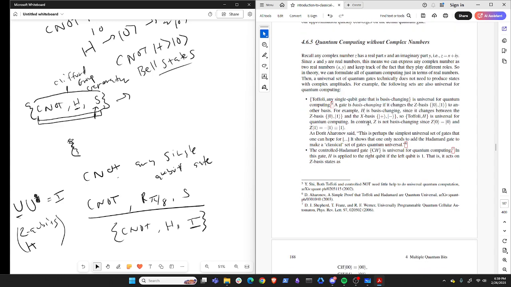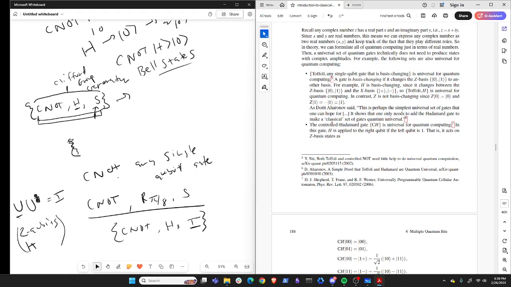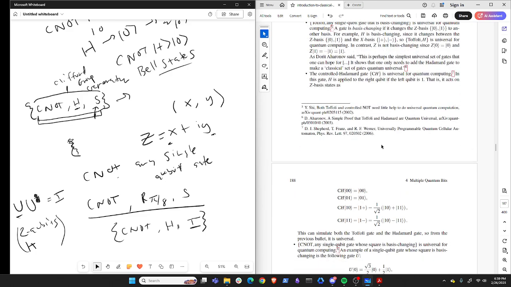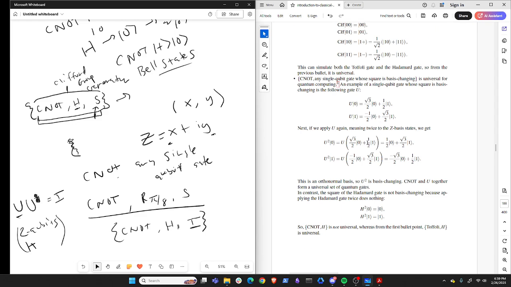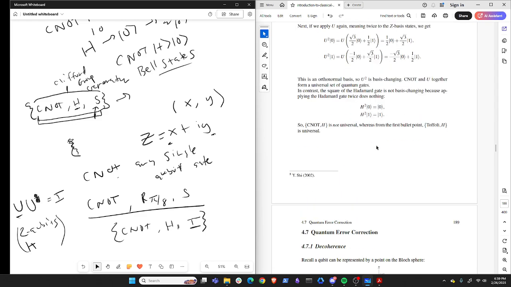These are just other examples of universal quantum gate sets that don't necessarily need to interact with complex amplitudes, because we can rewrite any complex amplitude, which is z equals x plus iy, where x is the real part and y is the imaginary part. We can just express this as any two real numbers, x and y. We have not done any of that in this course, so I don't expect that they're going to expect us to go that deep on the exam.